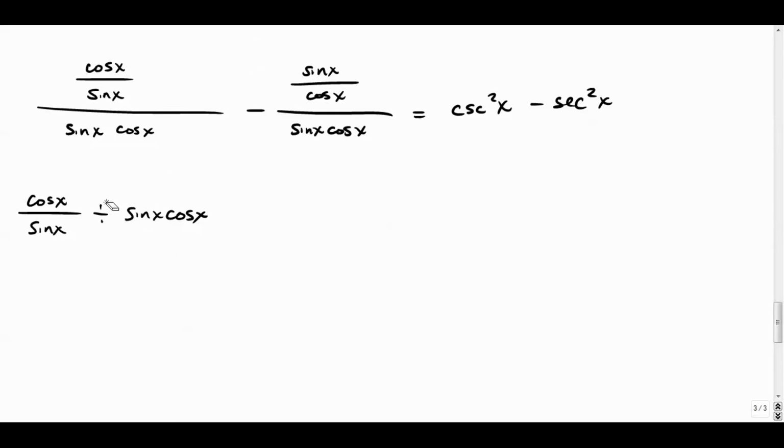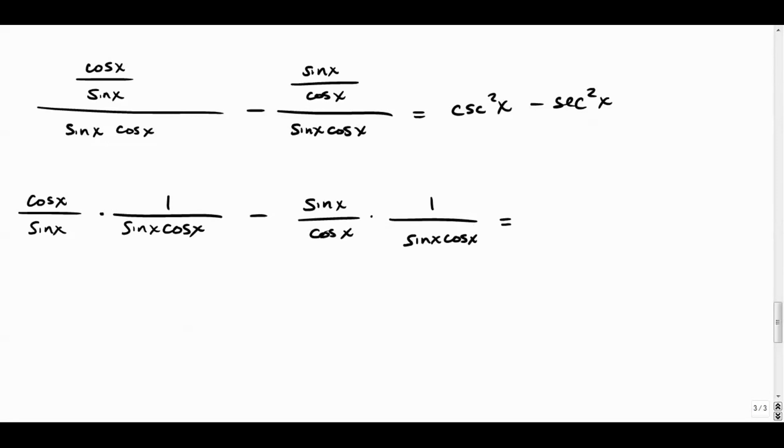So I'm going to multiply by the reciprocal of that. Dividing by something is the same as multiplying by its reciprocal. Same thing over here. Sine of x cosine of x, that's my numerator, times 1 over my denominator.